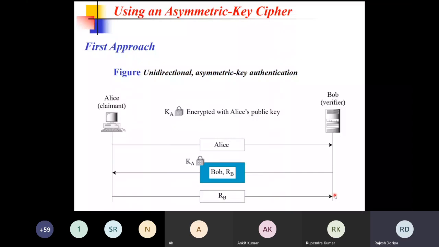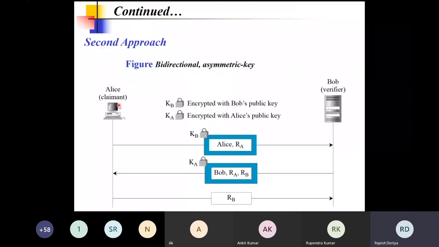So this is one of the approaches, and it is also called a unidirectional approach. Why unidirectional? Because only one party is trying to prove the identity. And the moment both the parties need to prove their identity, both the parties will send their nonce numbers, encrypting them with the public key of the other party.